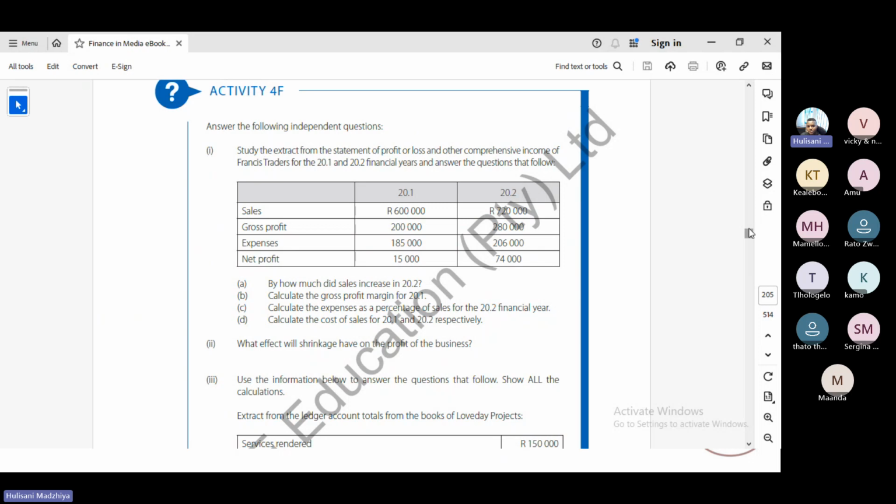The questions say: by how much did sales increase in 2.2, and calculate the gross profit margin for 2.1. Calculate the expenses as a percentage of sales for the 2.2 financial year. On this one, I want you to calculate.